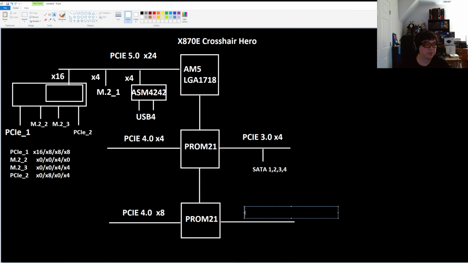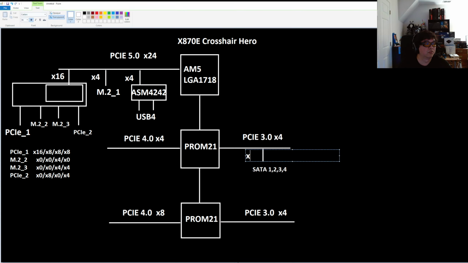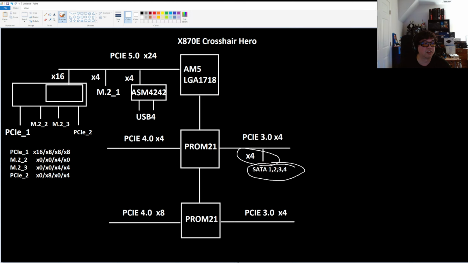This is also PCIe 3.0 X4 lanes. So these are all the chipset connects. So let's finish what this does. This is basically doing 4 lanes of Gen 3, 1 lane of Gen 3 per SATA interface. That is the reason why the board has 4 SATA ports, 1 per Gen 3 lane on the chipset.